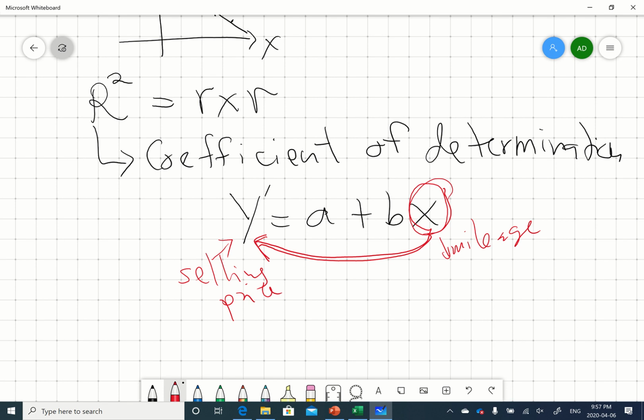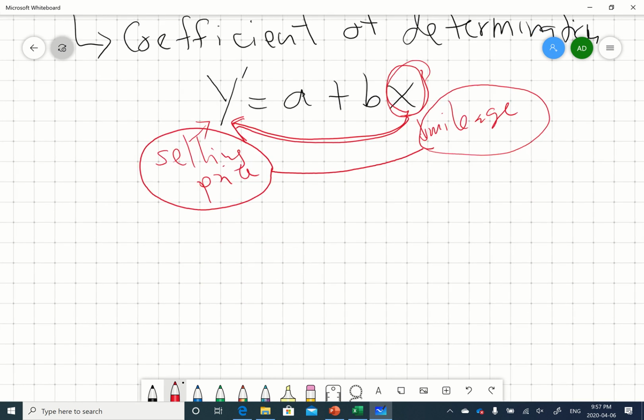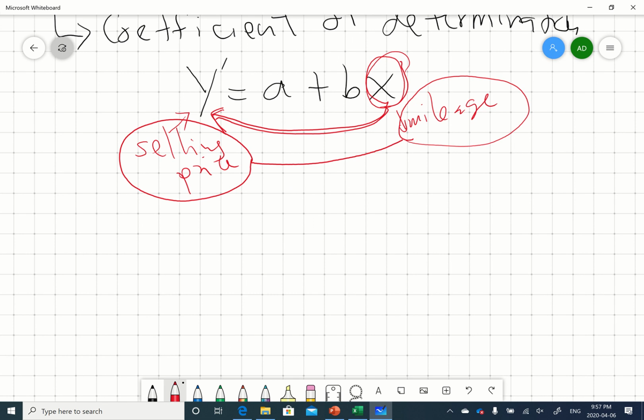So the coefficient of determination is going to help us figure out what proportion, what percentage of the variability in your y variable would be described by this x variable. So by what percent the mileage would be responsible for the variation in selling price. That's the goal of the coefficient of determination.